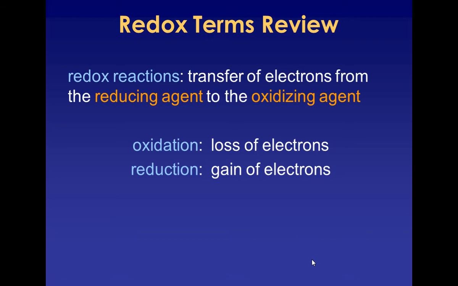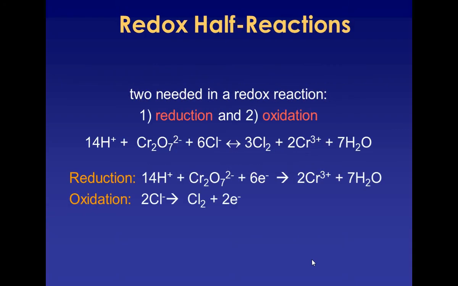To lose the electrons, you're facilitating that reduction process. So the entire substance containing the oxidizing element is known as the reducing agent, and the entire substance undergoing the reduction, the element that's a part of it that's undergoing reduction, is considered to be the oxidizing agent.